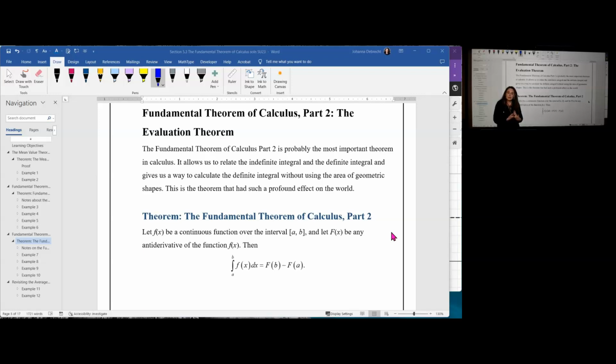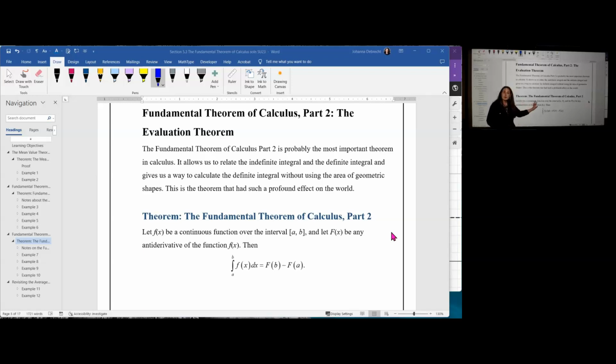We're now going to be able to calculate the area between a curve and the independent axis without having to resort to a Riemann sum or some kind of geometric shape. We won't have to approximate. We'll be able to integrate directly using the Fundamental Theorem of Calculus, Part 2.